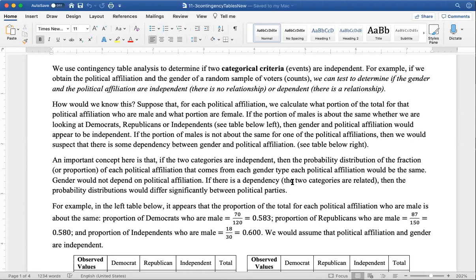But when we look at a group of people where the relationship between gender and political affiliation is dependent or related, then we might see something like 50% of the Democrats were male, but 75% of the Republicans were male, and maybe 60% of the independents were male. The proportions of each of those that were male would be different.